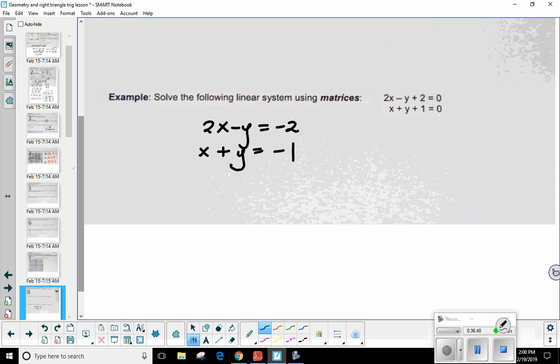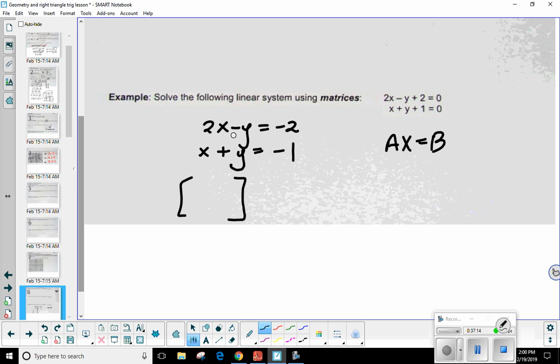But let's go ahead and write out the matrix equation. Do you guys remember this form? A times x is equal to b, where A was your coefficient matrix, x was your variable matrix, and b was your constant matrix. We called it the coefficient matrix because we made it directly from the coefficients.